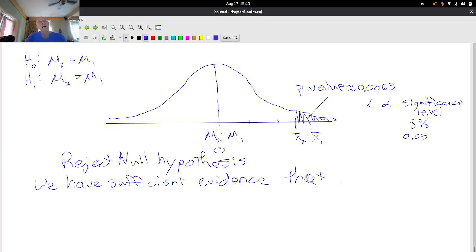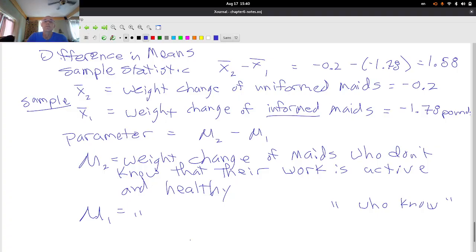I could just state that there is a, let's see, there's not only a significant difference, we did a 1-tail test, even a 2-tail test, we would still have significance. I don't want to word it, that's always the hard part. Average weight change of uninformed maids is greater, but the weight change being negative. Okay, I know how to word it.